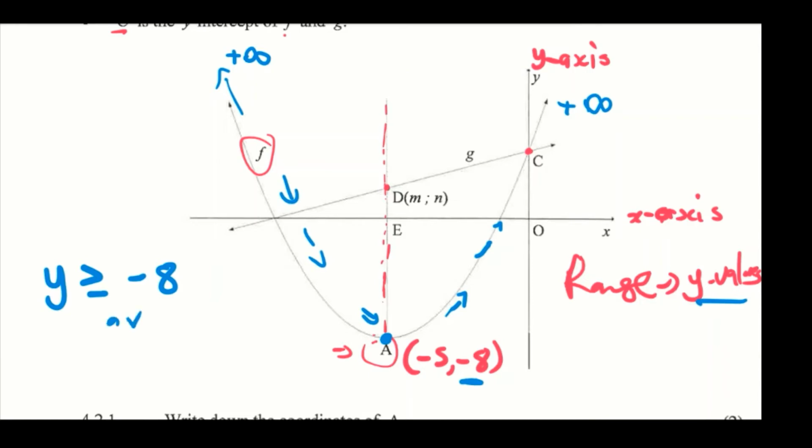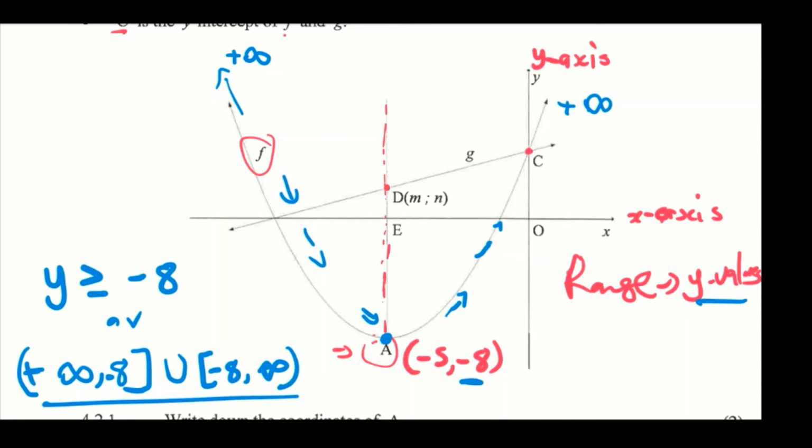Or someone can write it from minus 8 to positive infinity, with a solid bracket at minus 8. So someone else can write it like this, and it will still be correct.